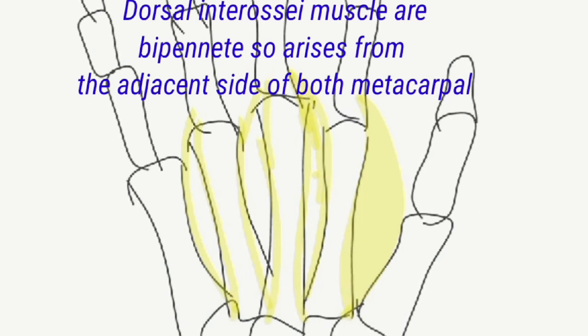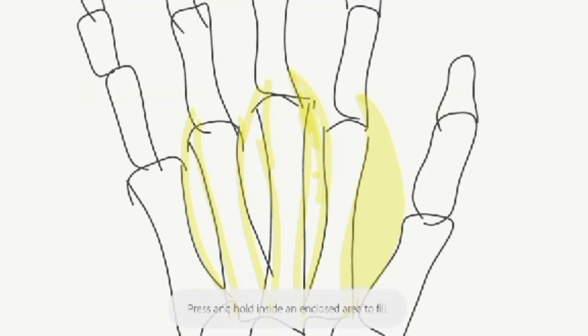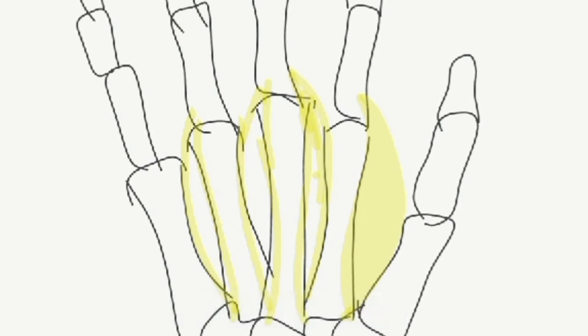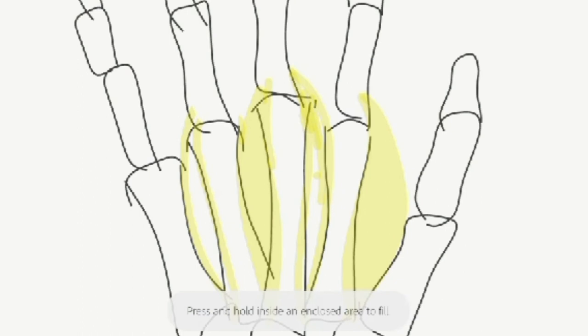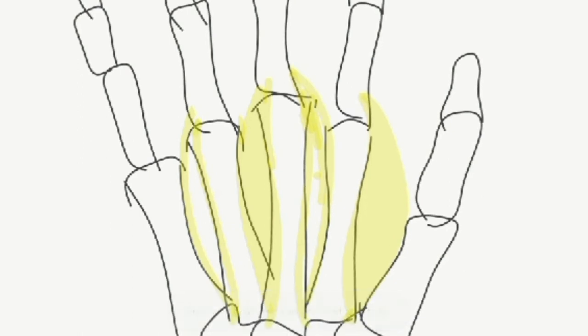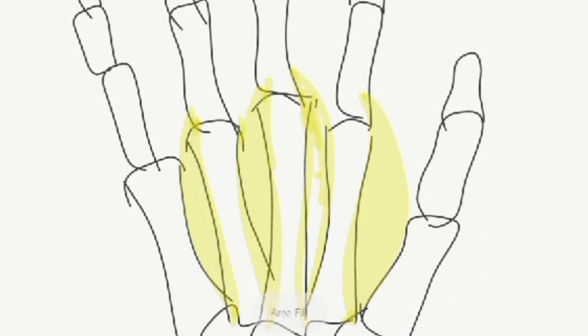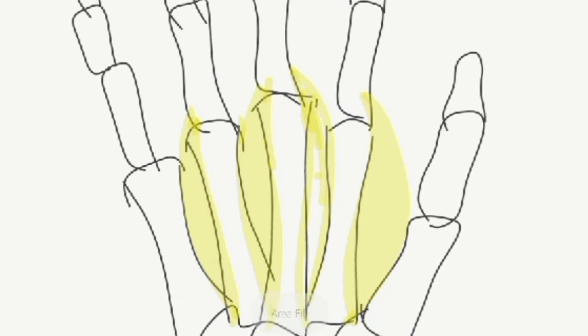So it is partially inserted into the base of the ulnar side of the ring finger and partially into the dorsal digital expansion. All the dorsal interossei and palmar interossei are partially inserted into the base of the proximal phalanx and partly into the dorsal digital expansion.